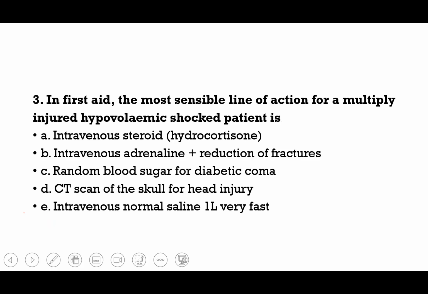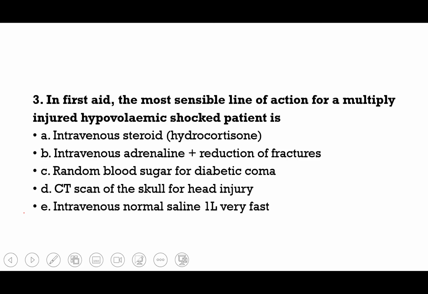In first aid, the most sensible line of action for a multiply injured hypovolemic shocked patient is A, intravenous steroid hydrocortisone. B, intravenous adrenaline plus reduction of fractures. C, random blood sugar for diabetic coma.